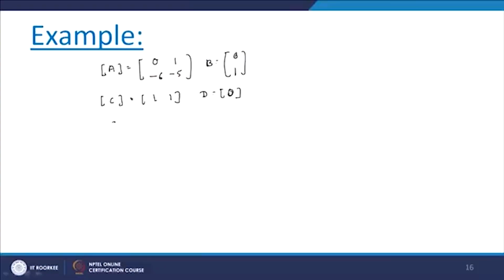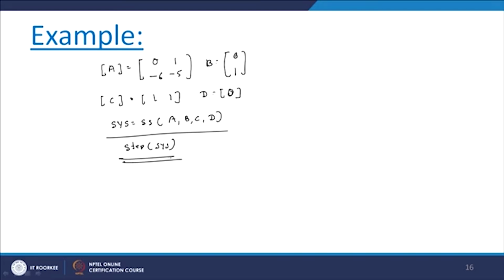So here we can write sys equal to ss, state space, A comma B comma C comma D, and then we write the command step sys, that gives you the step response of the system.